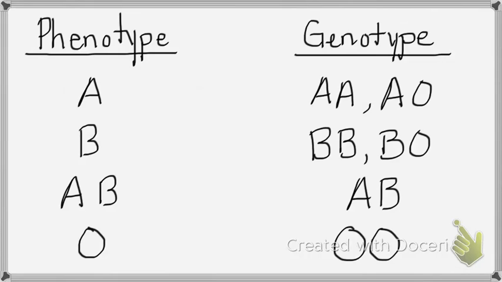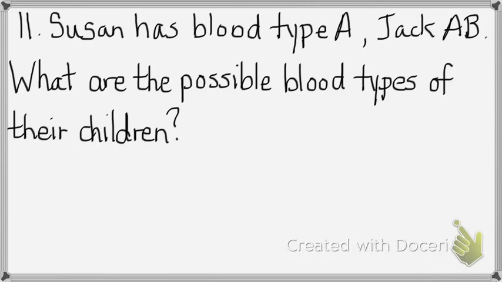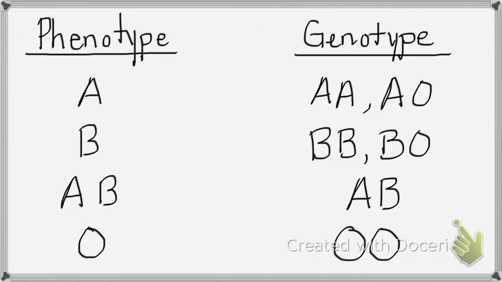Now, can you look at these genotypes and tell me, is A dominant or recessive? It's dominant. Is B dominant or recessive? It's also dominant. Is O dominant or recessive? Recessive. Everybody see that okay from our chart? Feeling comfortable with that? Okay, now, I think it said that Susan's blood type A. Let's go back to that chart.